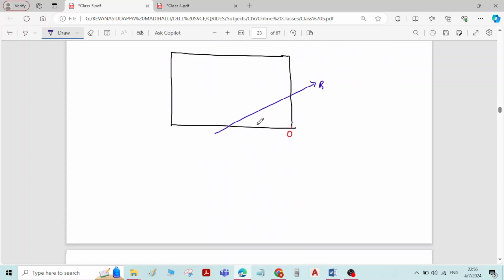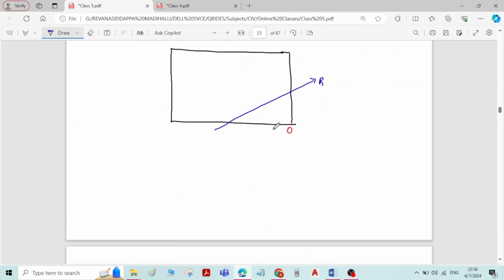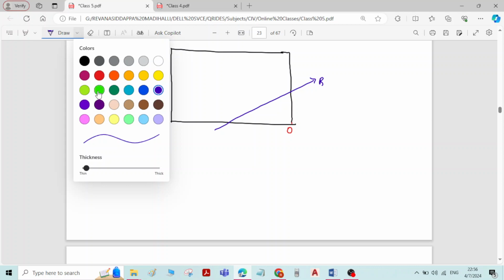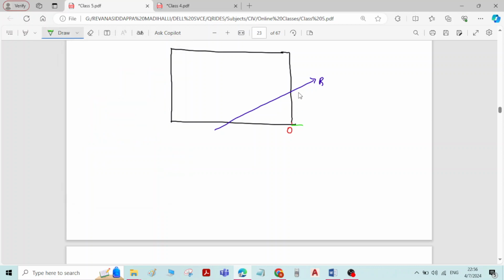In this case, with respect to the point O, we will find the x-intercept, the y-intercept, and also the perpendicular distance d of this reference point O from the line of action of the resultant force.